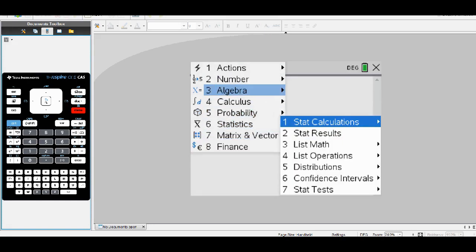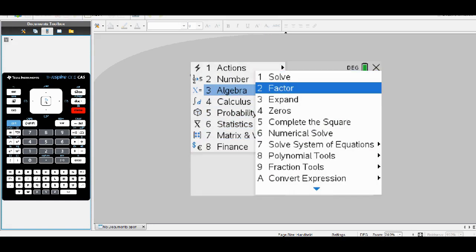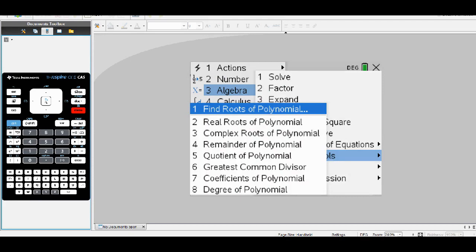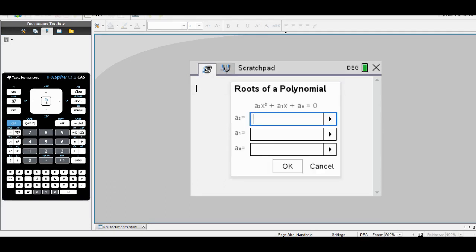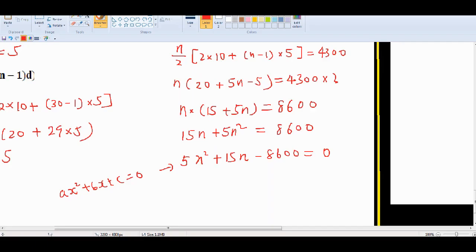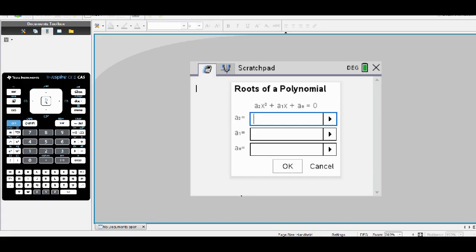You need to go to the polynomial tools and find the roots of the polynomial. The degree should be 2 because it's quadratic. Roots real. A2 means the coefficient of x squared. So remember, it's 5, 15, minus 8600.